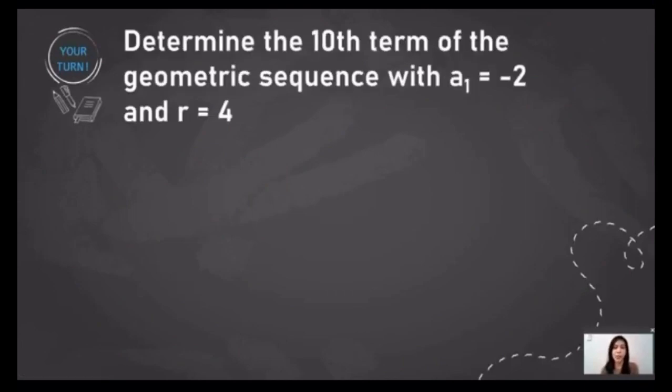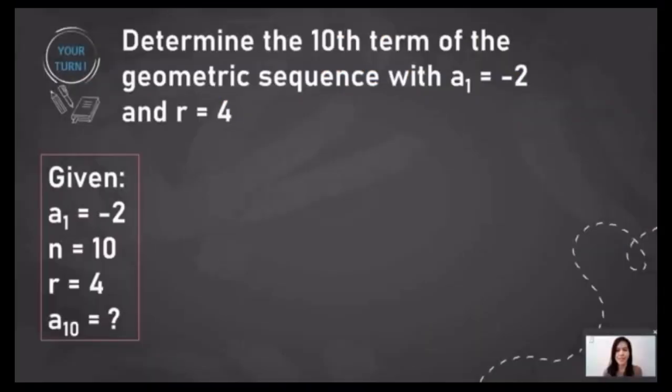Now it's your turn to answer. Determine the 10th term of the geometric sequence with a sub 1 is equal to negative 2 and r is equal to 4. Now you have to pause first the video and answer the problem. Once you're done answering, go back to this video to check your answer. Let's answer now. First is you have to identify the given.